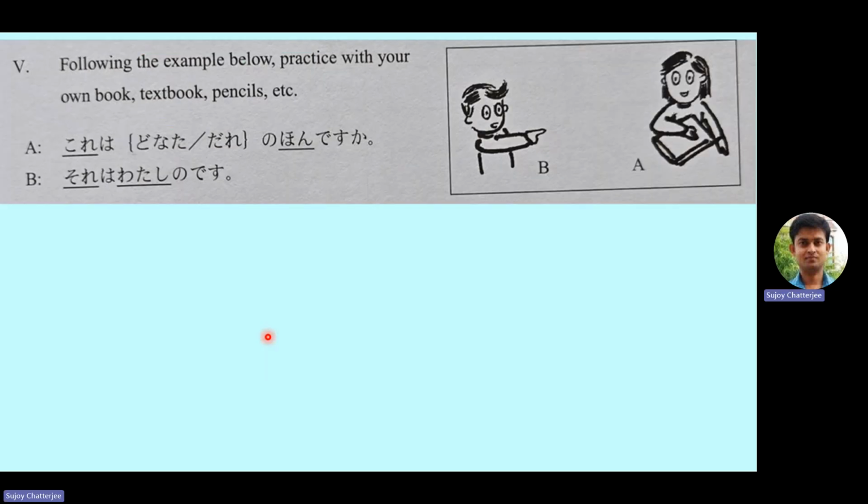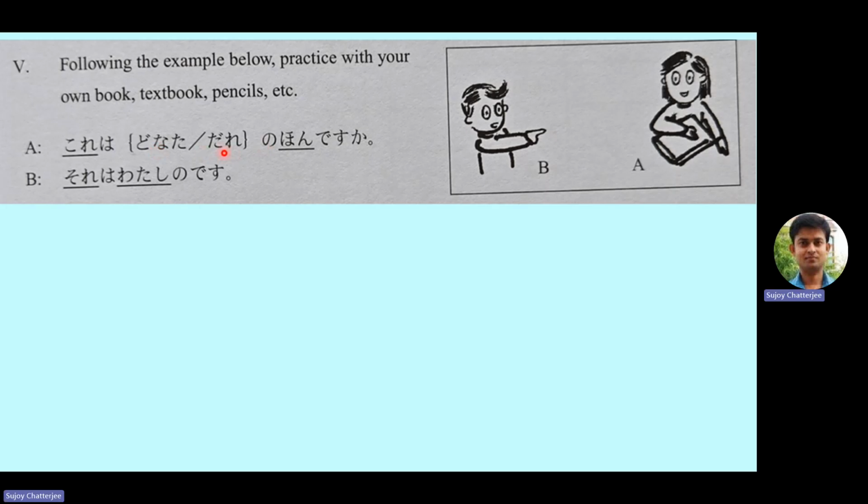Next question. Following the example below, practice with your own book, textbook, pencils, etc. これはどなた or 誰の本ですか？それは私のです。That means that one is whose book? Donata no or dare no. So donata is who, dare is who.